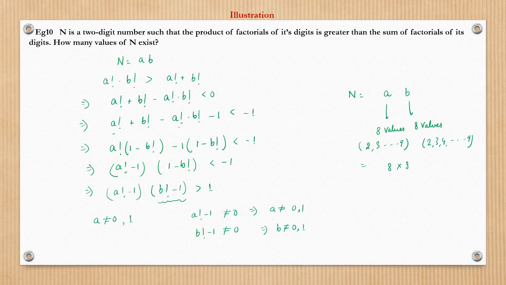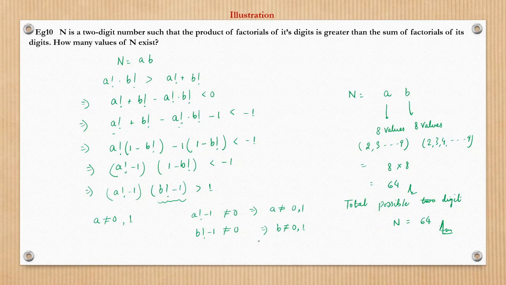So 8 into 8, there are 64 different numbers possible. So the total possible two digit n is 64.